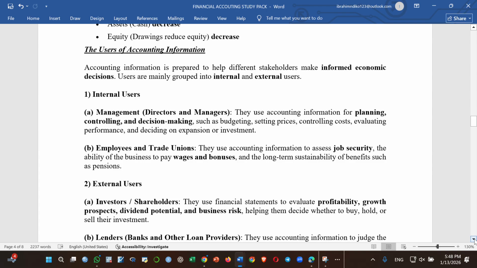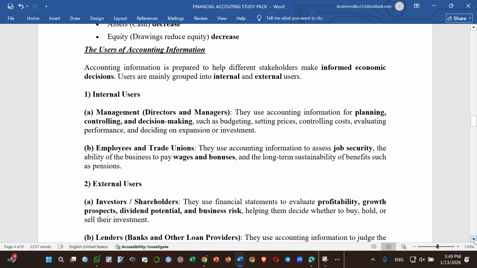Number two, employees and trade unions. Why would the employee want to know this accounting information? Number one, for the purpose of assessing job security. So will this company be able to sustain me for the next 10 years? Or will this company close in the next 2 years?